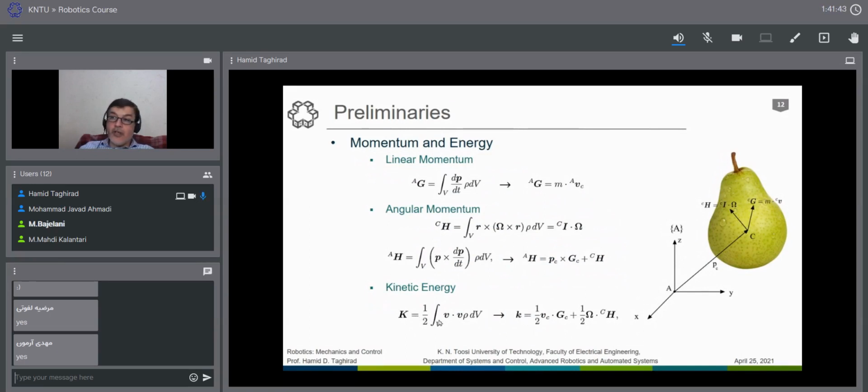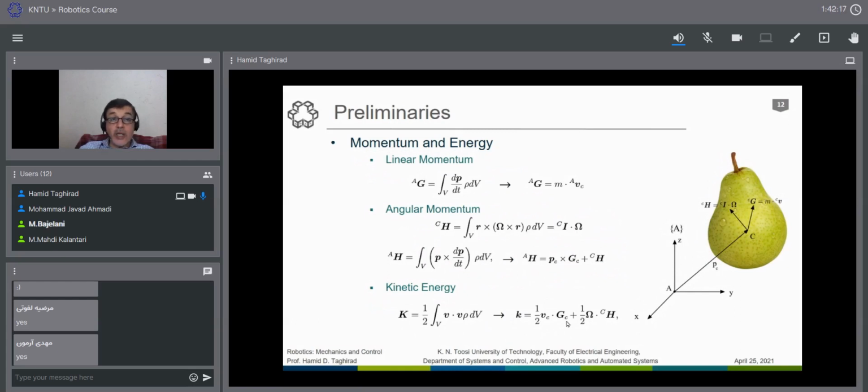The kinetic energy is defined again in vector form like that: the linear momentum dot multiplied by V, one half VC dot GC, where GC is like this, or 1/2 m VC dot VC, 1/2 m v squared.